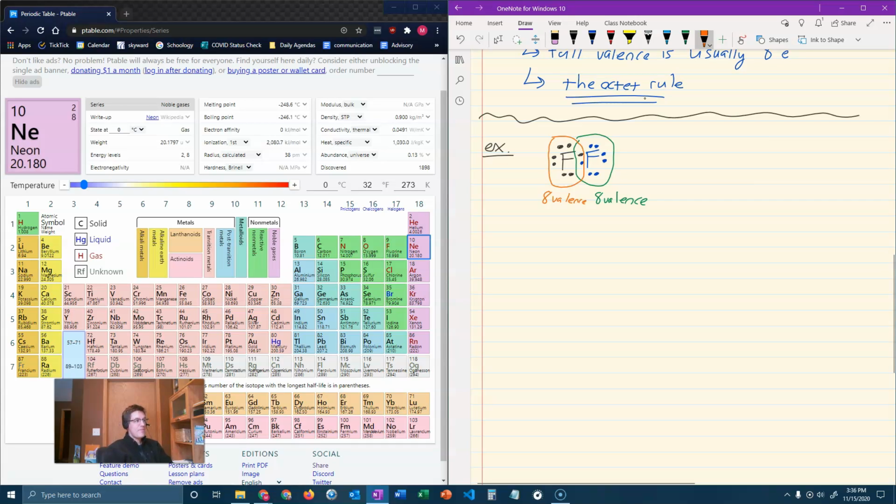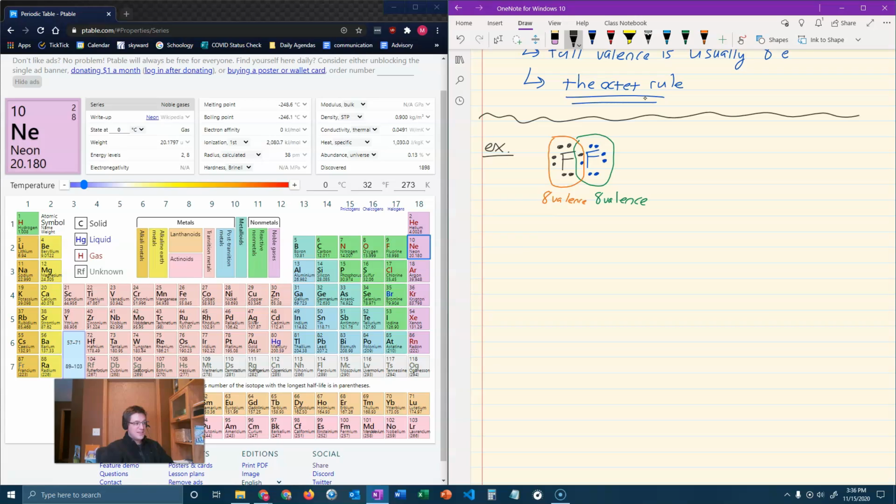Okay? So what we've done here is what happens in real life. 2 fluorine atoms can come together and they can share 2 electrons, 1 from each, and this will give them both what they want. Okay, so it's important to note that each fluorine wanted 1 more valence, right? They each have 7 and they want 1 more, so they each need to share 1, and that's how they each get 1 more.